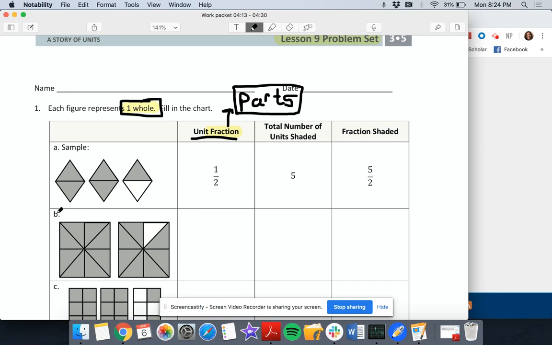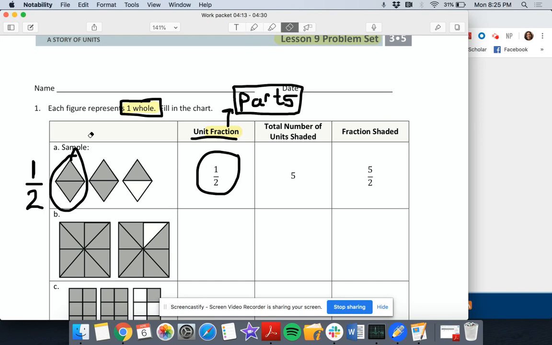So if this is one whole, if we're just looking at this diamond with two triangles in it, we see that in total, just this figure has two equal parts. So the two equal parts, that total will be on the bottom. And each triangle represents one equal part, right? So that one is the numerator and would be on top, and that would be your fraction. Okay?